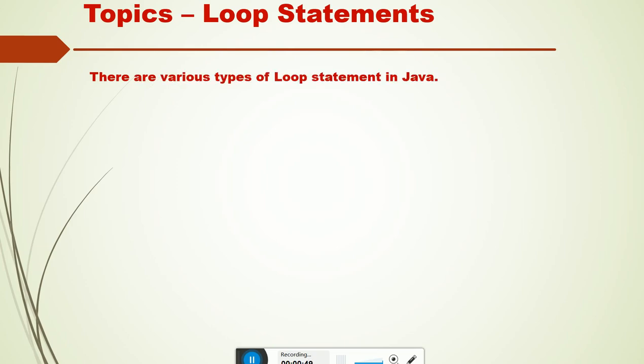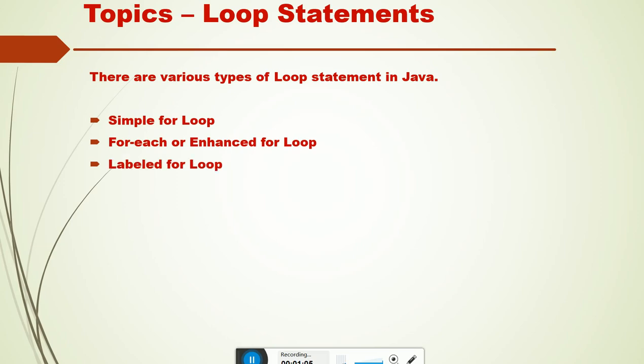There are various types of loop statements in Java. First, the simple for loop, then the for-each or enhanced for loop, then the labeled for loop, then the while loop, and last the do-while loop.